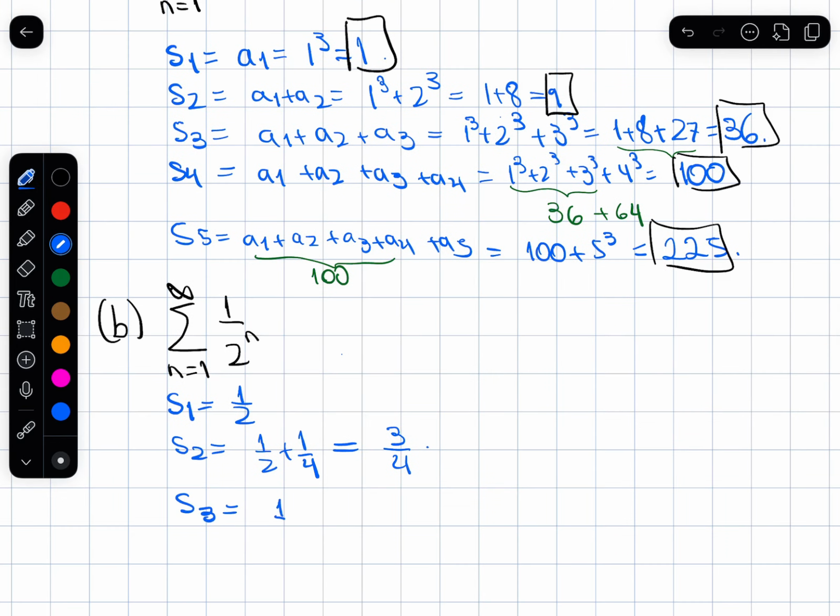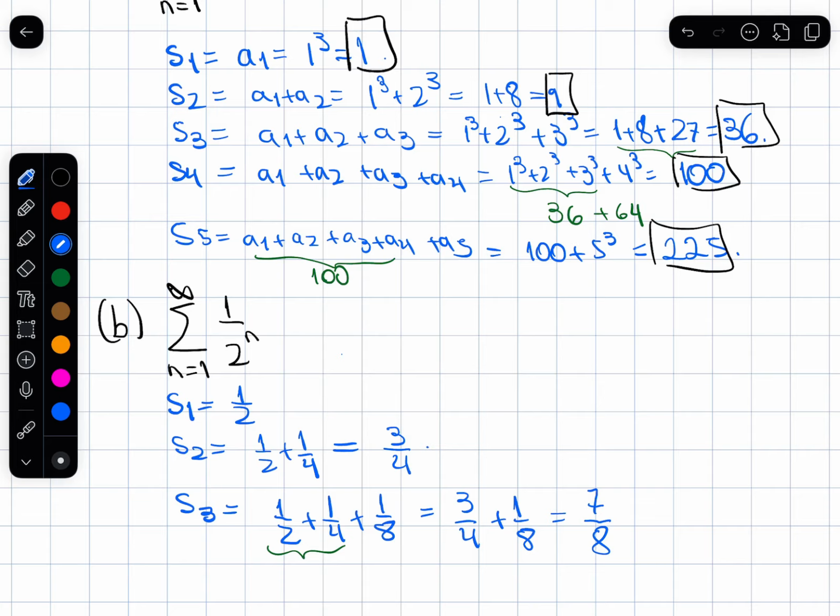S3 will be 1/2 plus 1/4 plus 1/8. So maybe I can do all 5 on this. It's not so bad. It's 3/4 plus 1/8. So again, I can find a common denominator, and this will be double this one, multiply this one by 2. That will be 7/8.